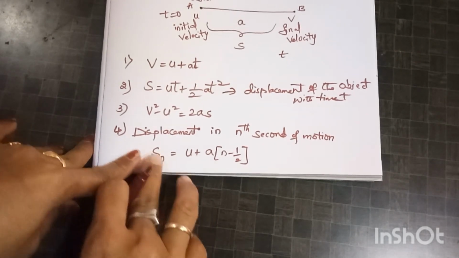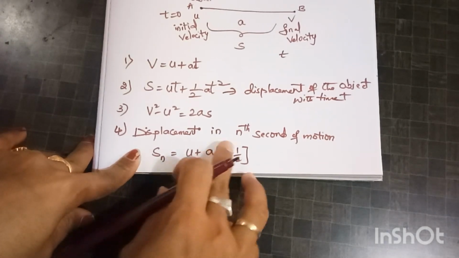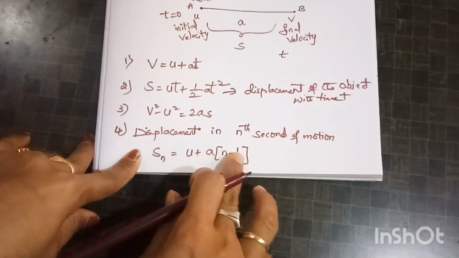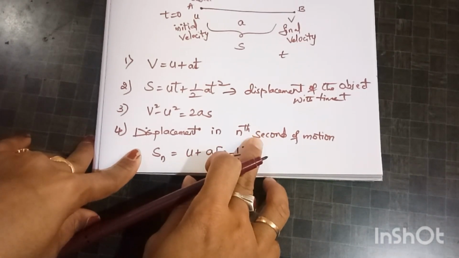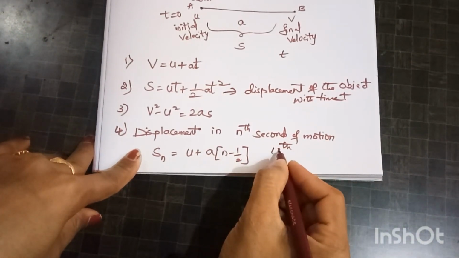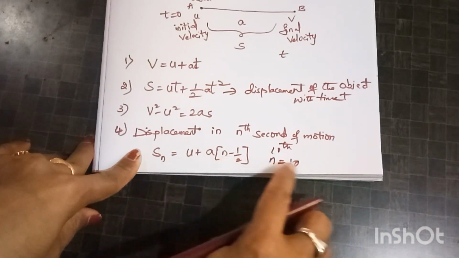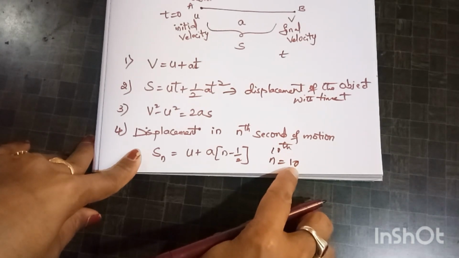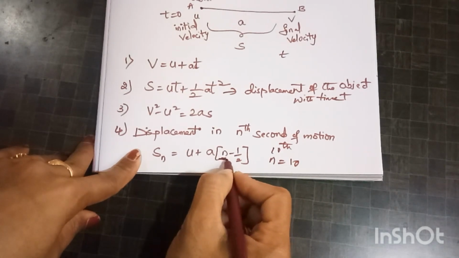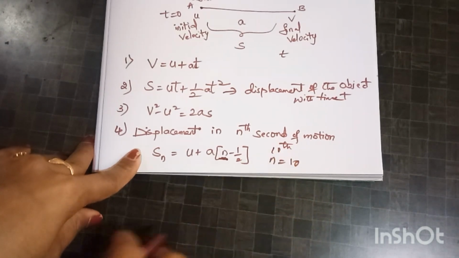Sn means the displacement of the object in the nth second, equal to u plus a times (2n minus 1) by 2. Here n means the nth second. For example, for the 10th second, n equals 10, so you substitute the value 10 in place of n.